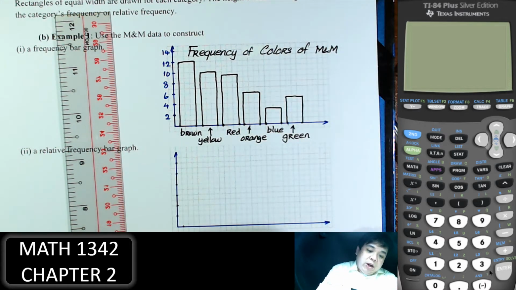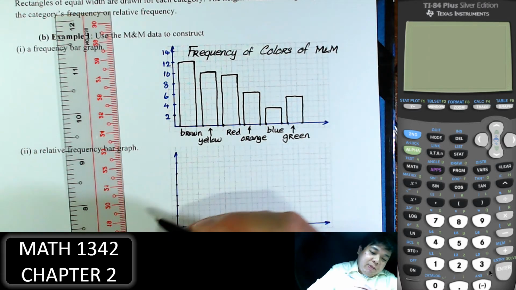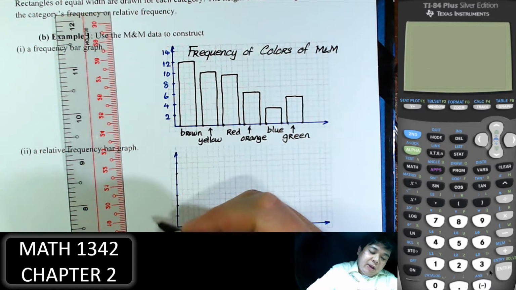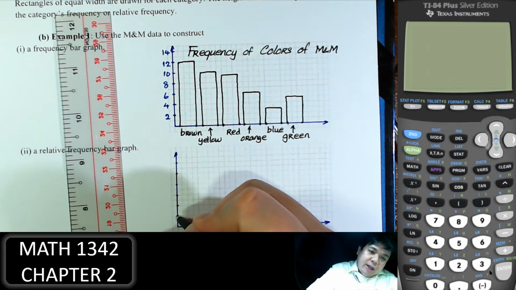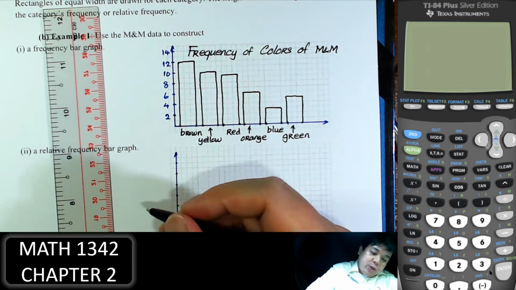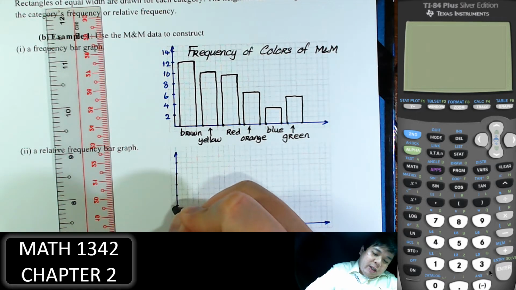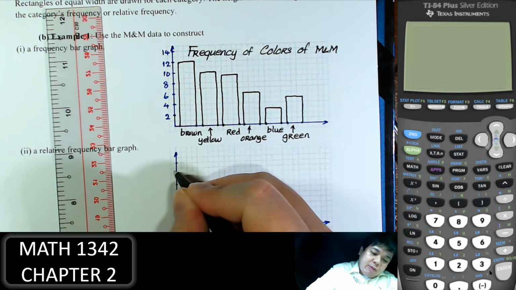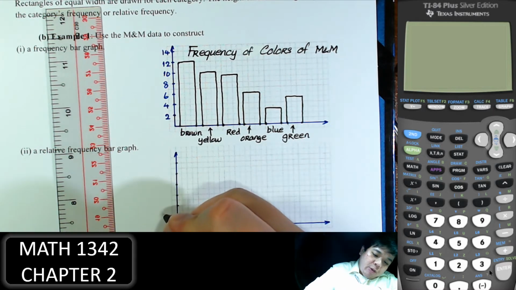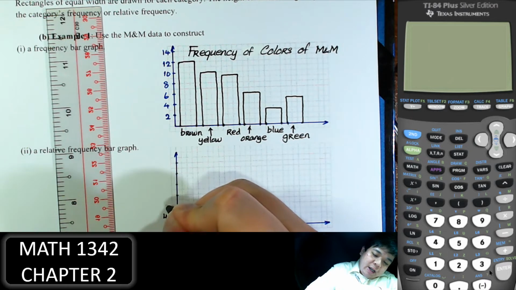Let's say 4% each. So 4, 8. Right. So 4%, 8%.